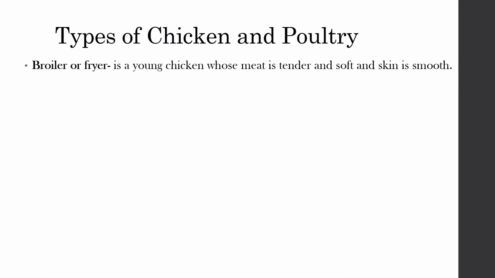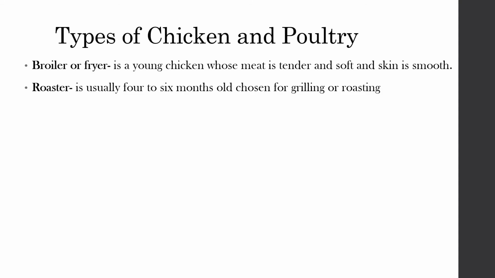So there are types of chicken and poultry. A broiler or fryer is a young chicken whose meat is tender and soft. Its skin is smooth too. The broiler is still young, usually 4 to 6 months old, chosen for grilling or roasting.